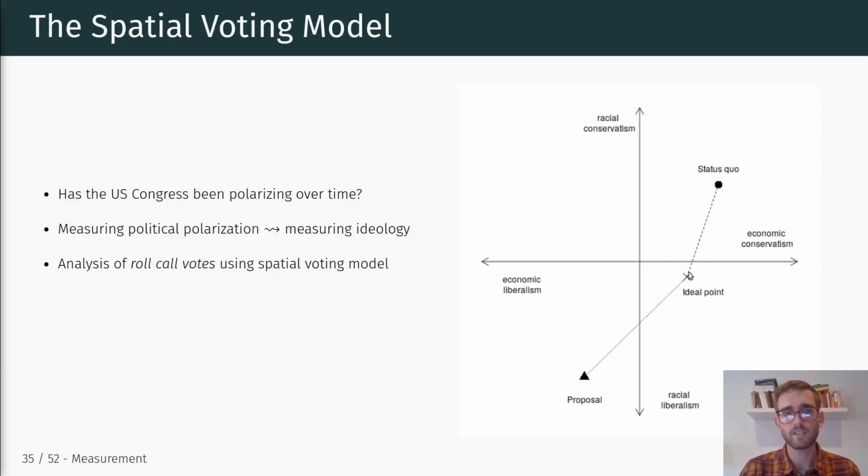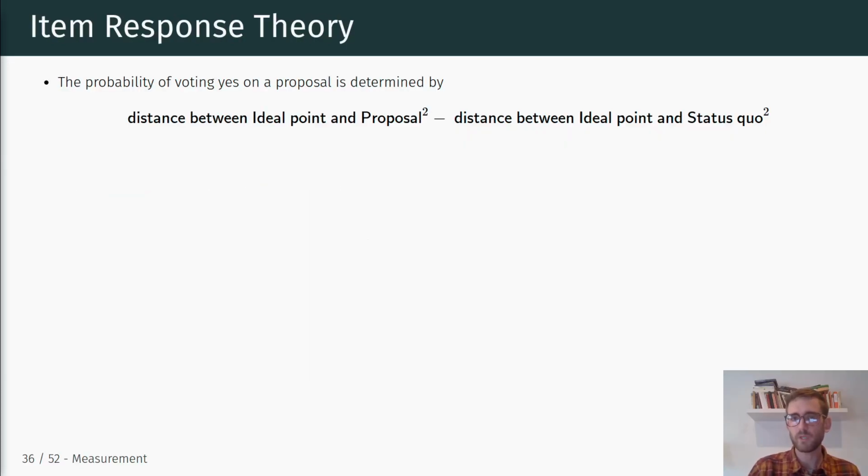So in the case of this legislator, every proposal that is closer than the distance between the ideal point and the status quo will be voted for, and every proposal that is further away than the status quo will be opposed, right? So this proposal right here is further away from the ideal point than the current status quo, so the legislator should prefer the status quo over this proposal. Okay, so that's a fairly straightforward framework.